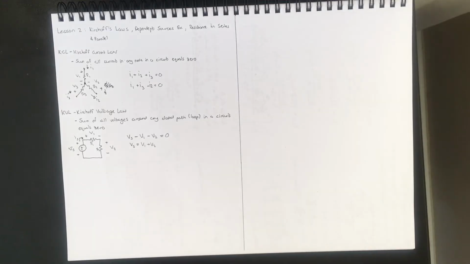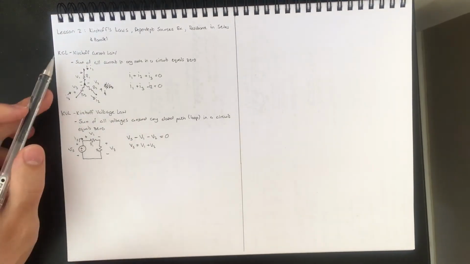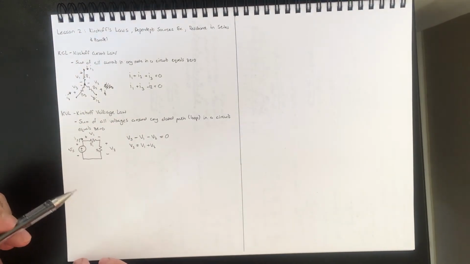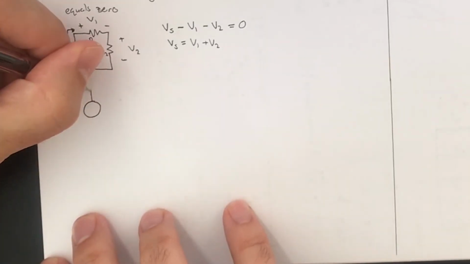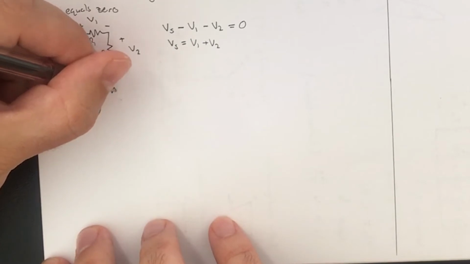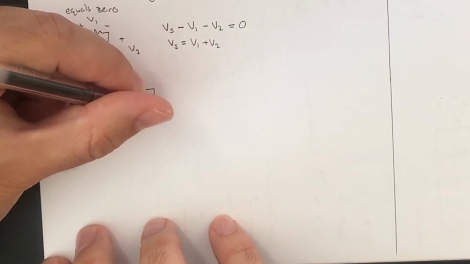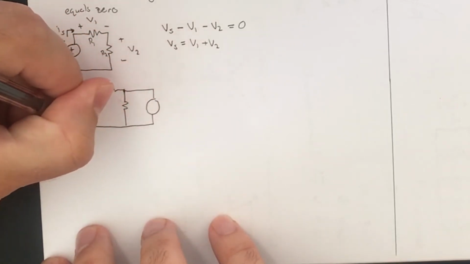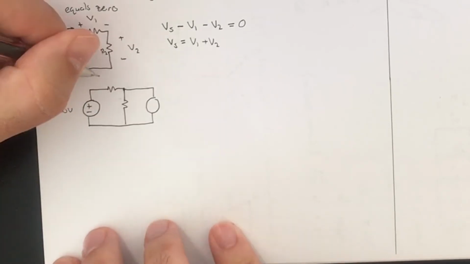Now, let's do a simple example to describe how we can utilize KCL and KVL within a circuit. Let's define this circuit here, where we're going to utilize two sources.